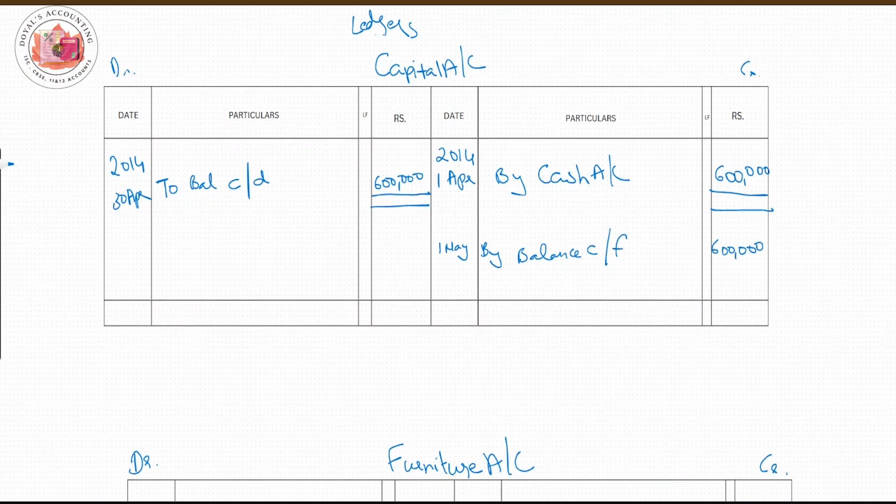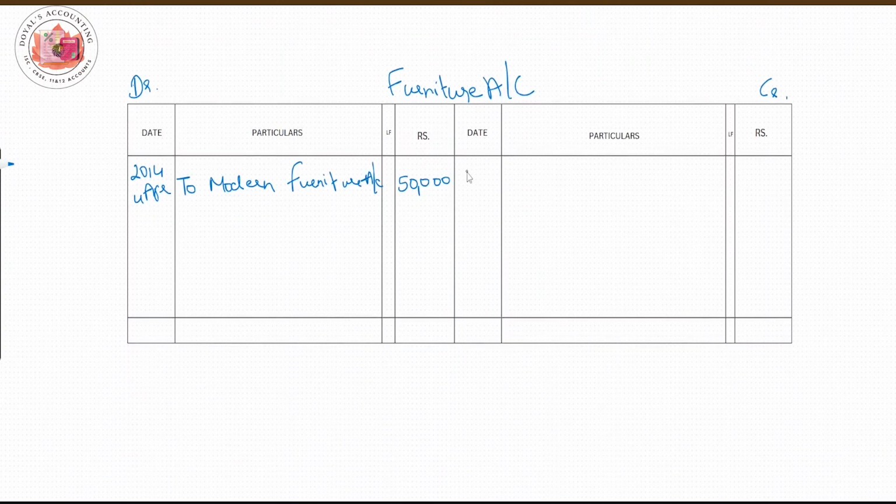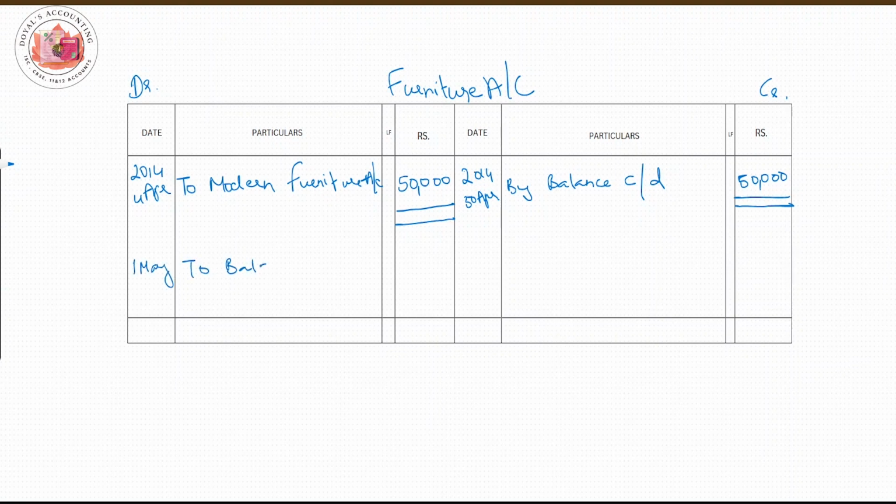My closing balance I will have to carry forward to the next one, right? So similarly here, 2014, 30 April, by balance carried down 50,000. So this is the total anyway for both. 1st May, to balance brought forward 50,000.